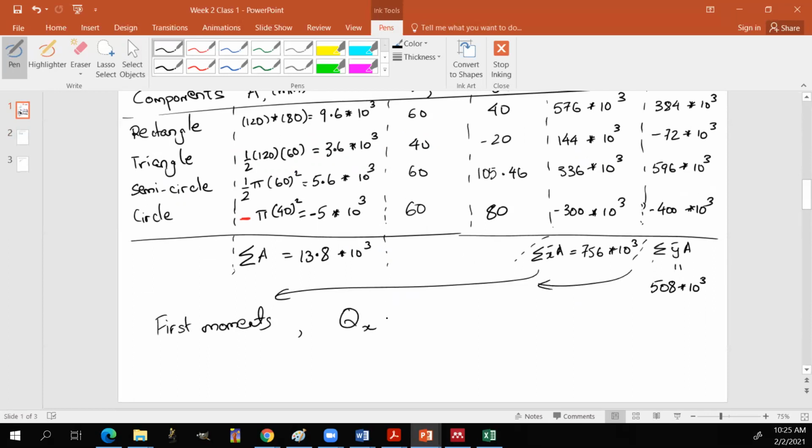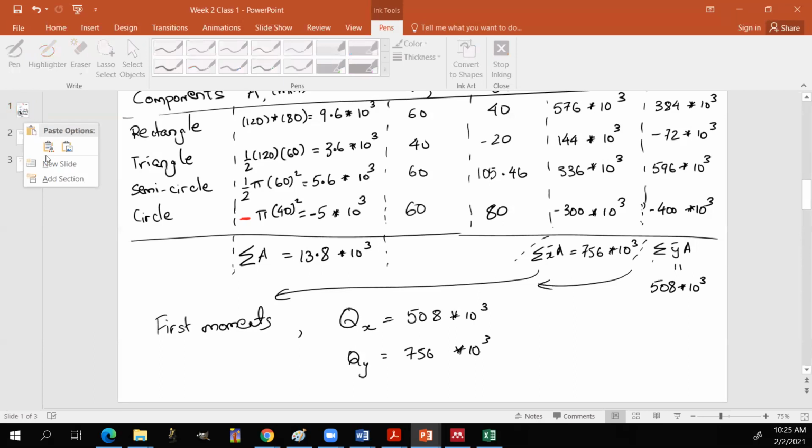So Qx is equal to 508 times 10 to the third, and then Qy is equal to 756 times 10 to the third.